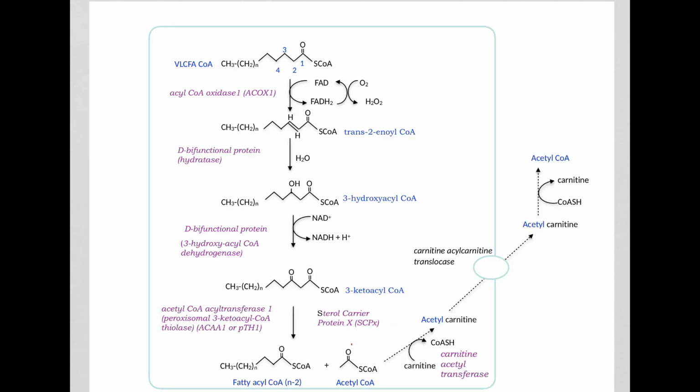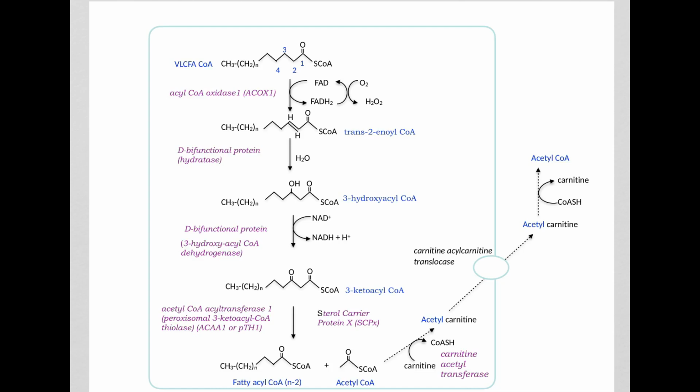The acetyl-CoA that is formed is also converted to acetyl-carnitine. Once again, we require carnitine, and this is then transported out of the peroxisome by carnitine acylcarnitine translocase. And the acetyl-carnitine then is converted to acetyl-CoA, and this can be used by the cell for various purposes.